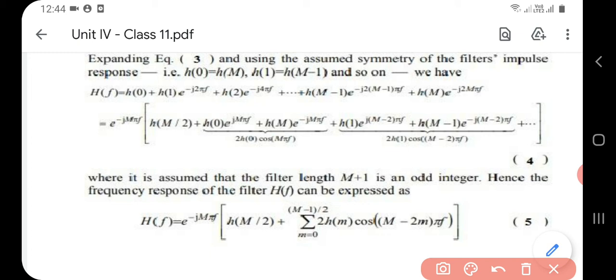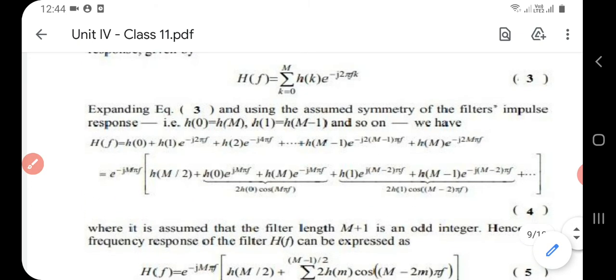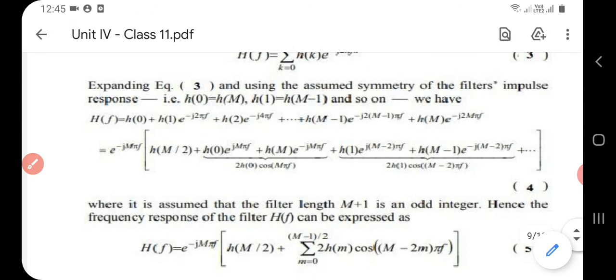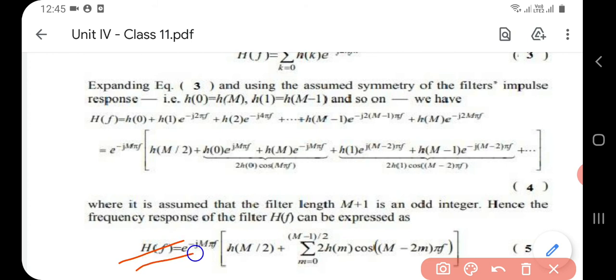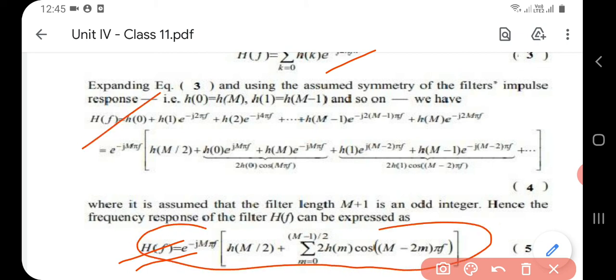So after writing equation 3, write the sentence I have told, and finally write this expression. No need of writing these two equations.